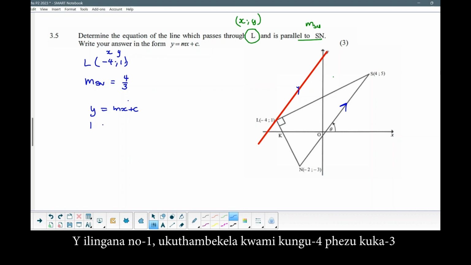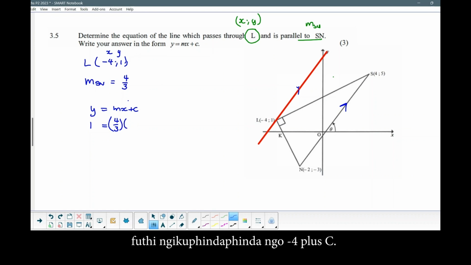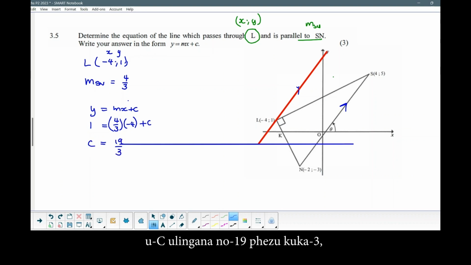So y is 1, my gradient is 4 over 3, and I'm multiplying that by negative 4 plus c. Simplifying this, I'm going to end up with c is equal to 19 over 3. And therefore, y is equal to 4 over 3x plus 19 over 3.